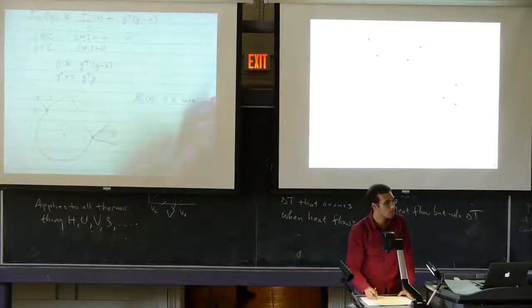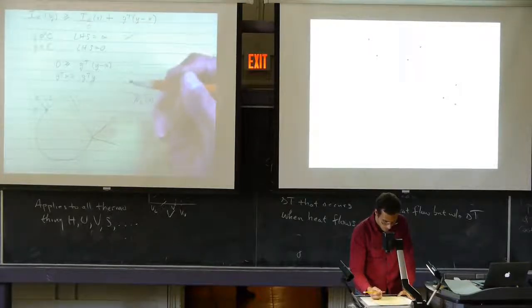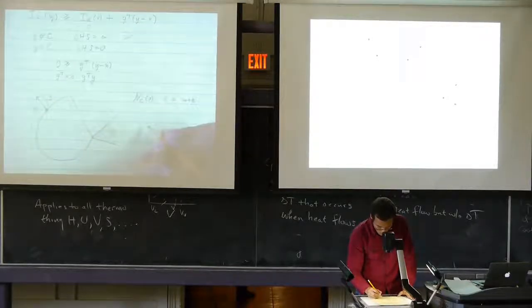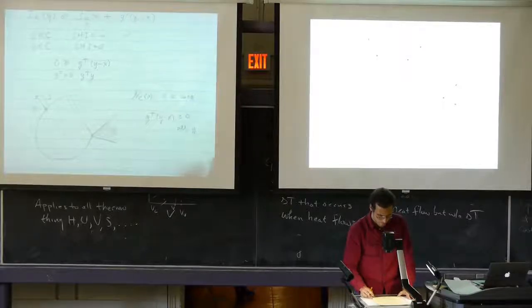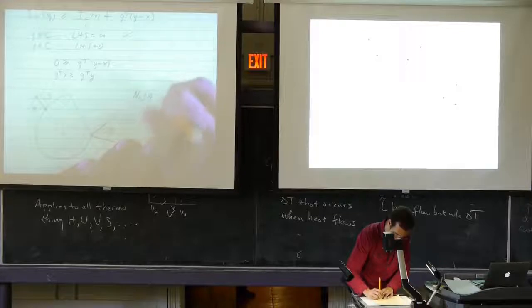So one way to think about it is as follows. It's the set of all g's for which g transpose (y minus x) is bigger than or equal to 0 for all y. Say x minus y.